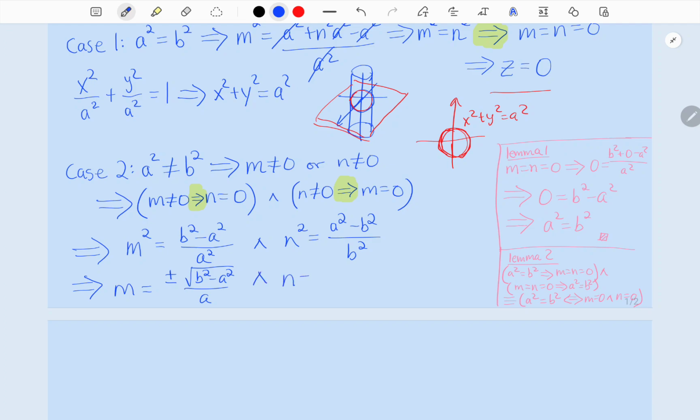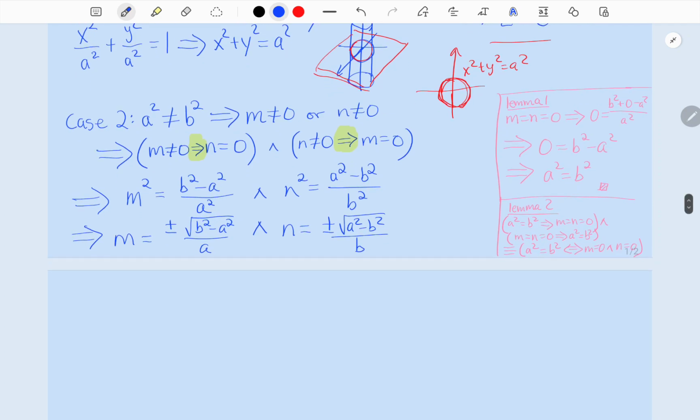And n is equal to plus or minus the square root of a squared minus b squared divided by b, which implies that z is equal to mx, so plus or minus the square root of b squared minus a squared over a, x.